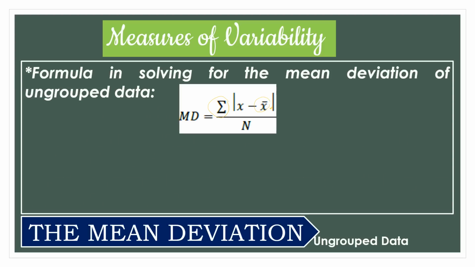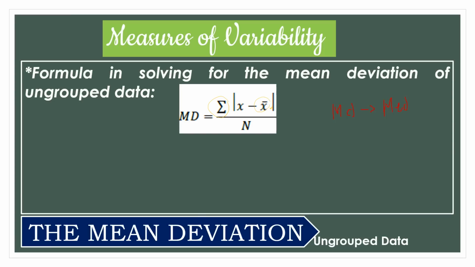By the way, here is our formula. So MD, remember we are using capital M and capital D, because if we are using MD wherein we have a lower case d, that is for median. But for capital M and capital D, that is for mean deviation.